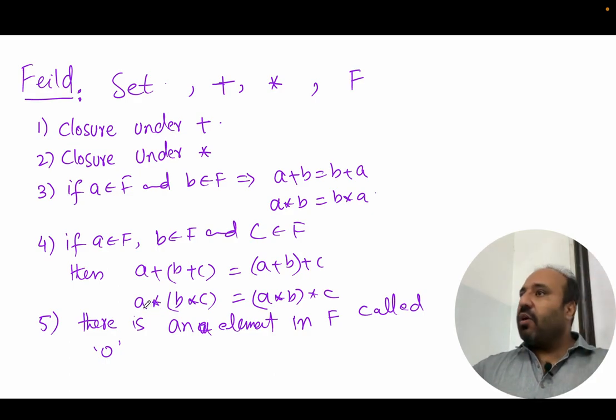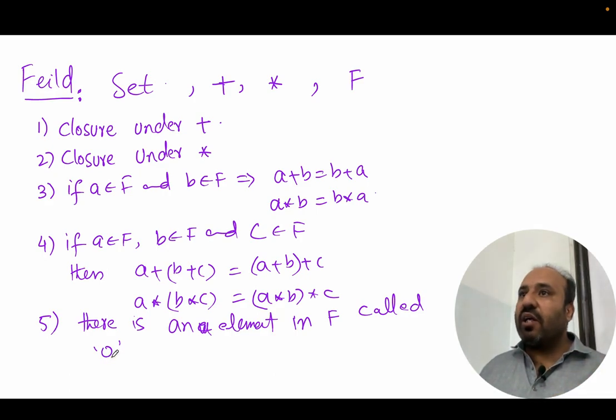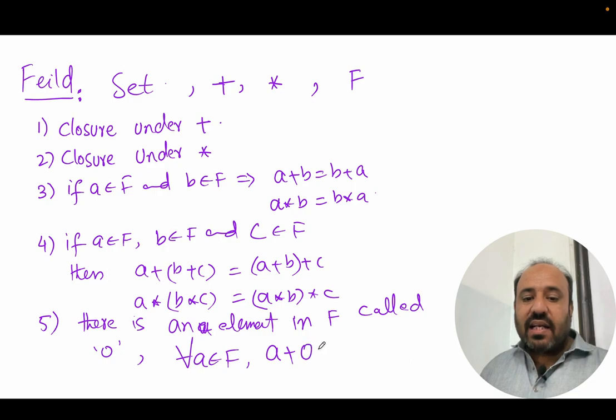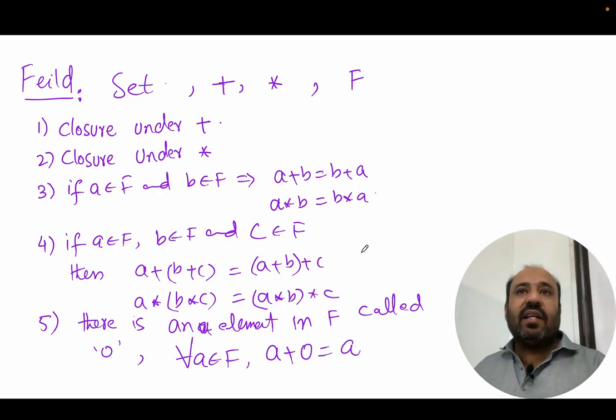Whatever that set is, whatever those objects are, in those objects there is a particular element which we denote as this, and we will call that 0. That is not a 0 number, that is an object, but that object has this particular property: for all a in F, a plus that element stays a. That is called additive identity.